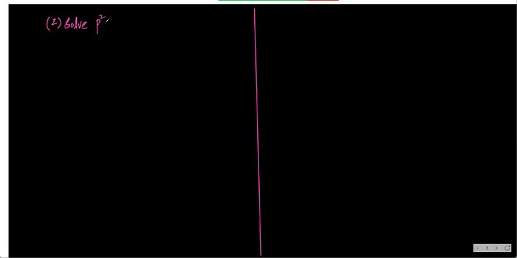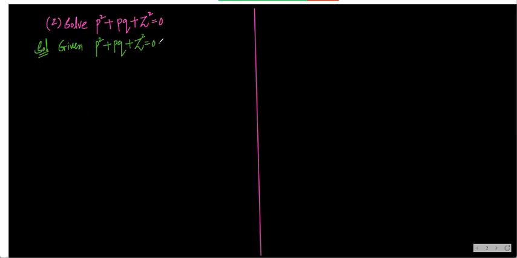P square plus PQ plus Z square is equal to 0. Okay, and start writing the solution. Solution. First step is given: P square plus PQ plus Z square is equal to 0.